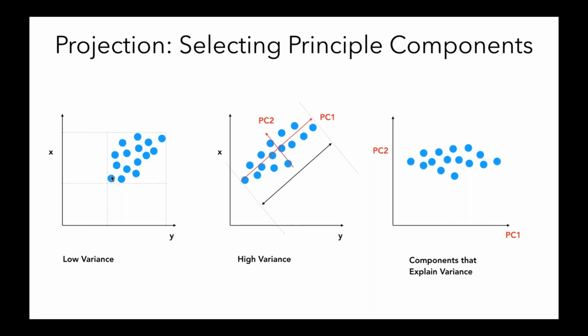So if we try and capture the variance of the samples right here, we will try to find a line that goes through the most variance, most variability of this data set. And that would be principal component 1. And then we will find a perpendicular line to principal component 1 and project it in the second most variant direction.